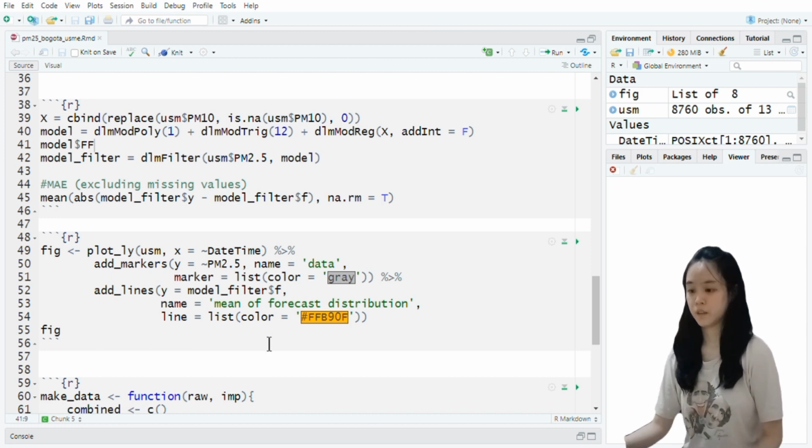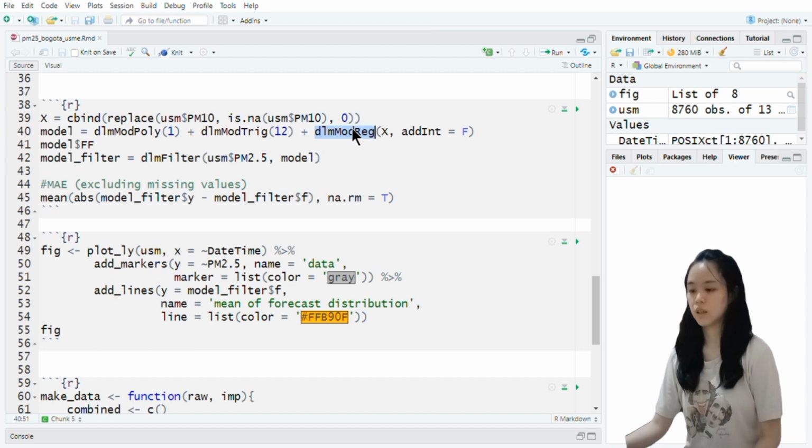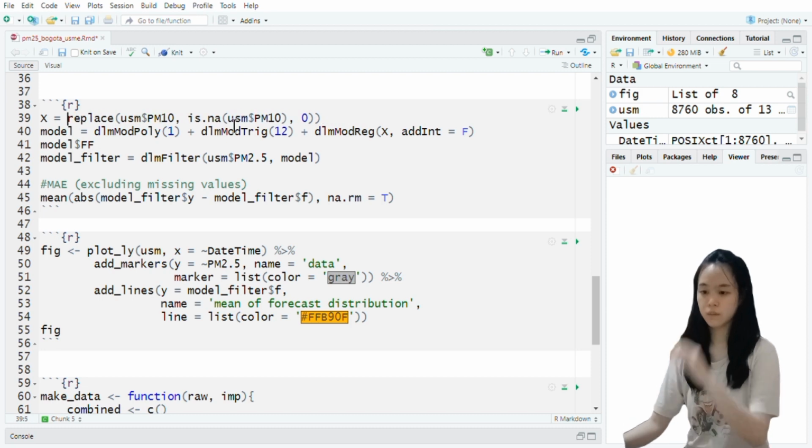And in package dlm, we apply the dynamic regression model with dlmModReg. Reg is for regression here. And the input is the regressor, which is X. I'm using only one regressor here. So that's why I have only C, or actually I don't need C here, I just realized.